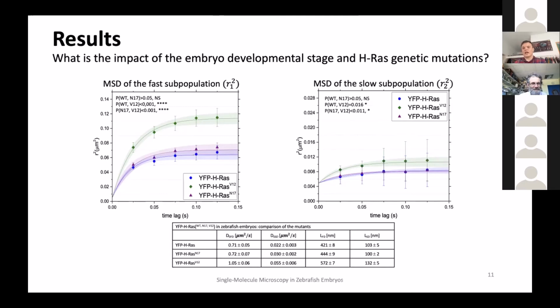So those types of discoveries that we make haven't been reported before, and that opens a new field of research that can be obtained through single molecule microscopy techniques. So now we know there are other constraints that also limit the movement of our fast fraction, and that also requires studies of the single particle.